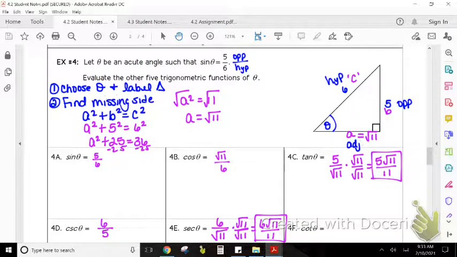And then cotangent is the reciprocal of tangent. So it's going to be adjacent over opposite. So we get the square root of 11 over 5. And if you didn't use the fact that it's just a fraction flip, then you can check yourself here. Are these two reciprocals? These two and these two? They are. So therefore, we know we got our answers correct.